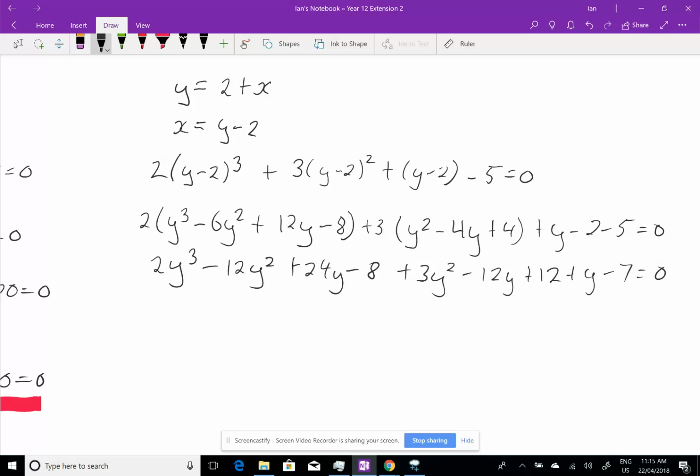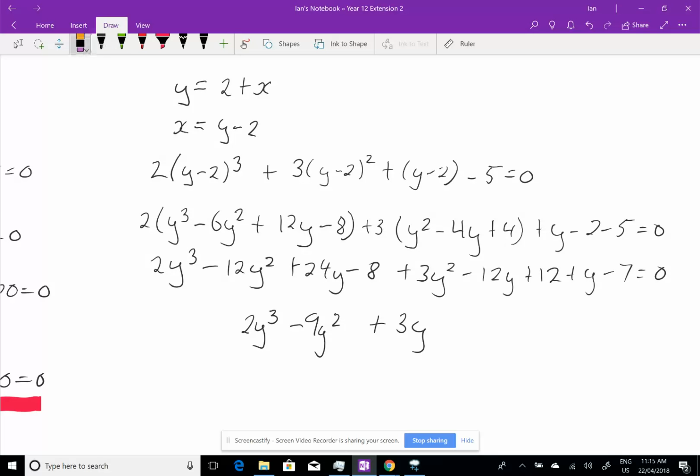Now if I tidy all that up, I get 2y cubed minus 12y squared plus 3y squared is minus 9y squared. 24y minus 12y, 12y plus another y, 13y. Minus 8 plus 12 is positive 4 minus, oh, I've messed up here. Where's my other one?